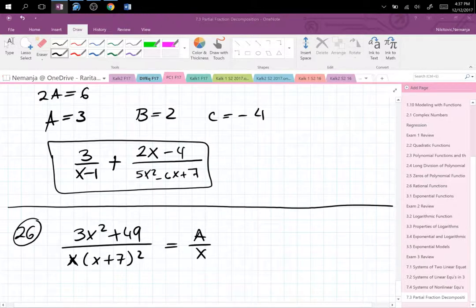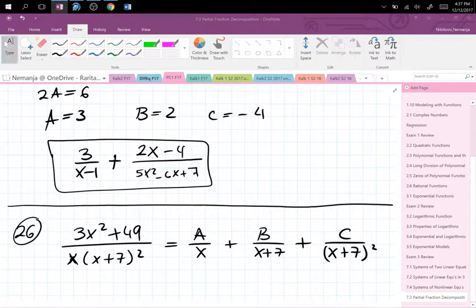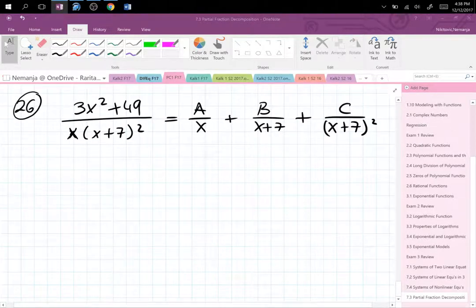All right, repeated linear. There we go. So x is going to be using the first rule, which is just linear, and then repeated linear for the x plus 7 squared.